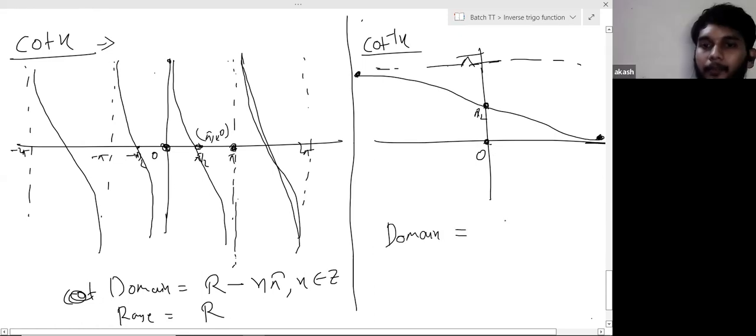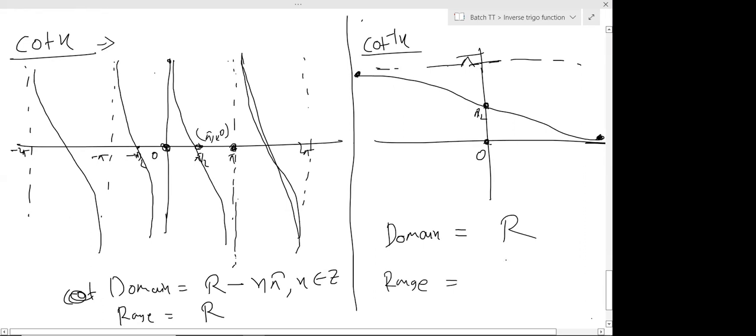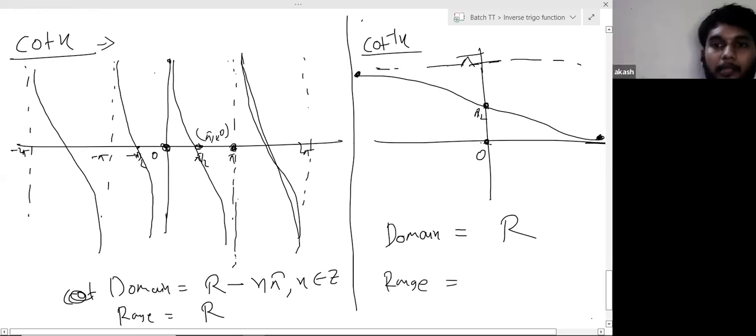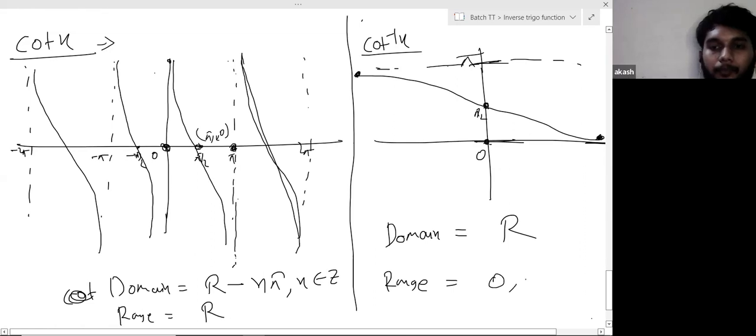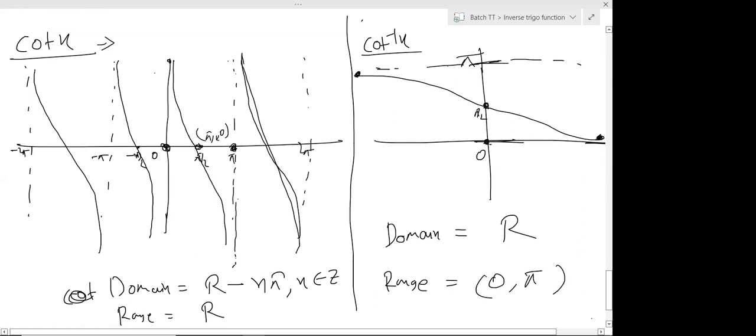And the range would be minus pi to pi? No, look at the minimum value and the maximum value. The minimum value is 0, so 0 to pi, with open brackets. Got it. So please draw it out.